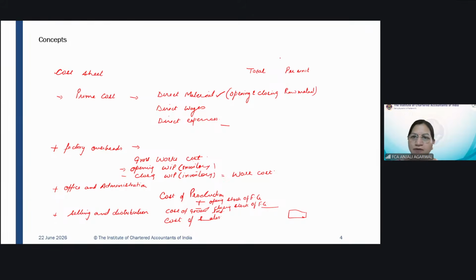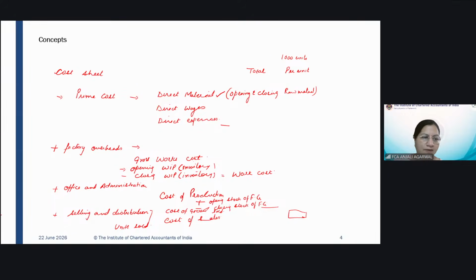So far, if you've been manufacturing 1,000 units, all the expenditures that you have is on 1,000 units. After you have adjusted the opening stock of finished goods and closing stock of finished goods, now whatever the expenditure is incurred is on those units which are sold, not on what you have produced. So far your expenditure was on what you have produced. But from here onwards, your expenditure will be on whatever you have sold.